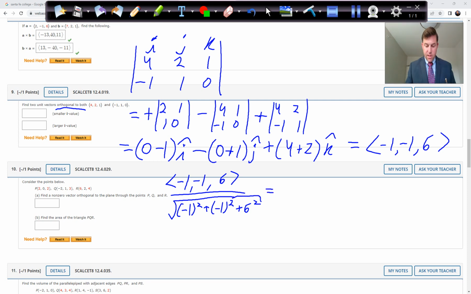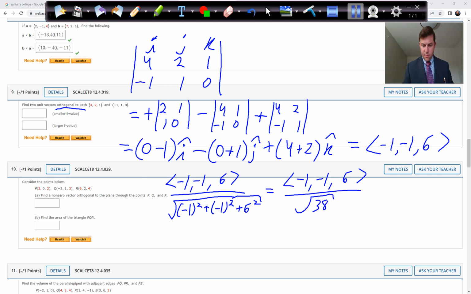And that's going to be equal to minus 1, minus 1, 6 divided by the square root of 36 plus 1 plus 1, the square root of 38, and I'll have to see if that simplifies. It does not, so this is just going to equal minus 1 over root 38, minus 1 over root 38, and 6 over root 38.